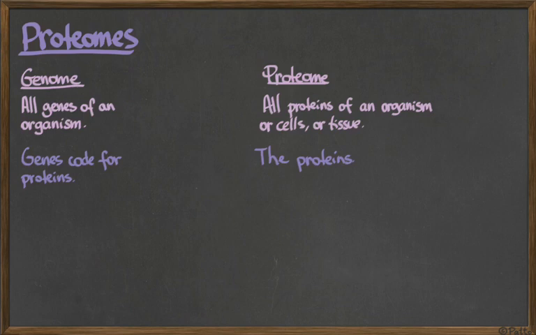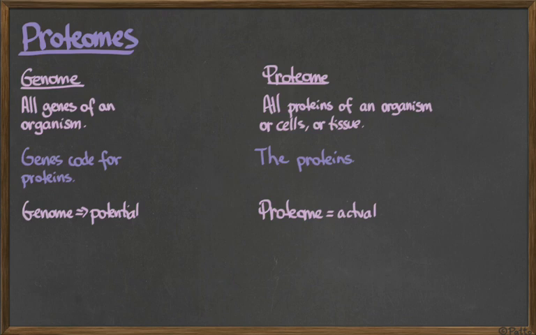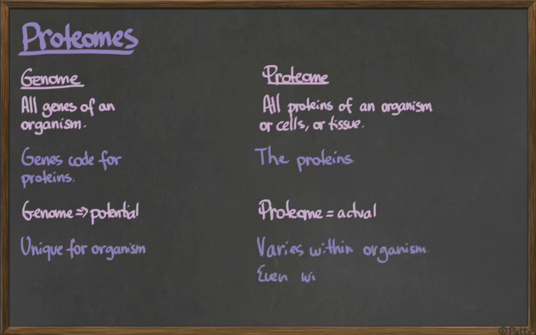So shouldn't they be related? Yes, they're related, but not so much. The genome is the potential. If you have a certain genome, that means that you can make some proteins. But a proteome is actually the proteins that you have made, not the ones that you have the potential to make. The genome is unique for an entire organism. Every cell in the organism has the same genome.